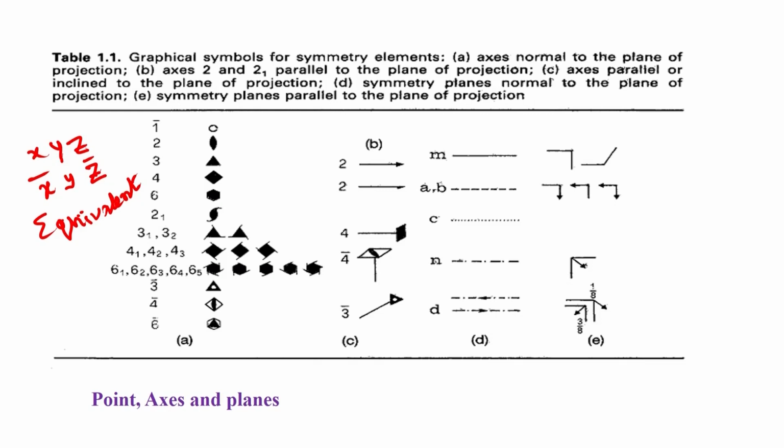So, since the translation of half is involved in case of a 2-1 screw axis, it will not be called a point group. What we have to do is the corresponding point group for 2-1 will be a two-fold, and therefore, we will have no additional point group coming due to these translational symmetries.